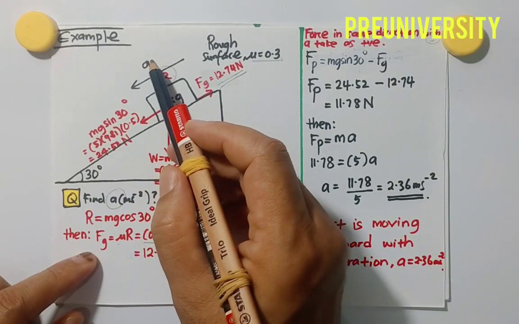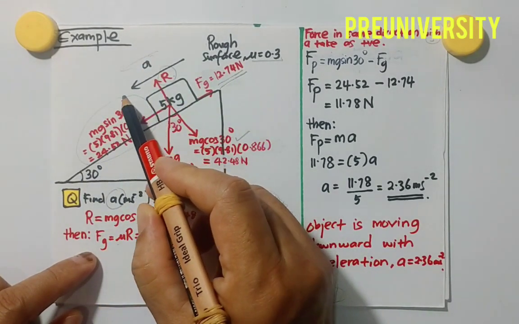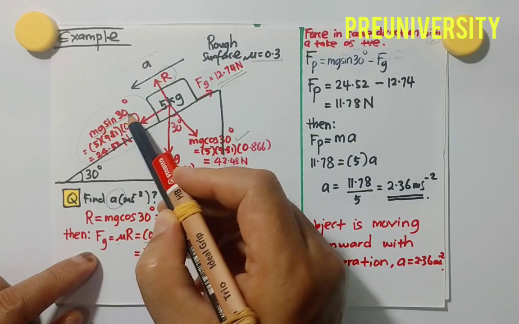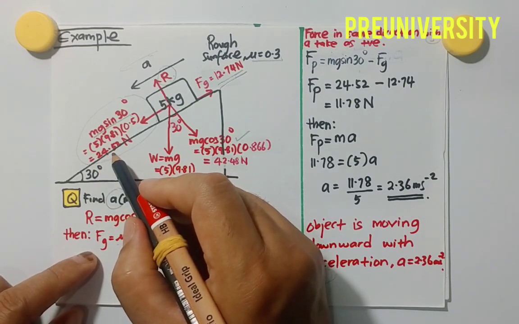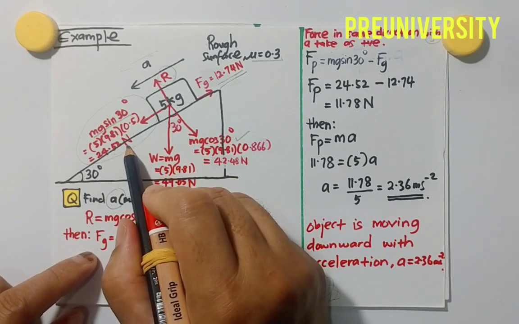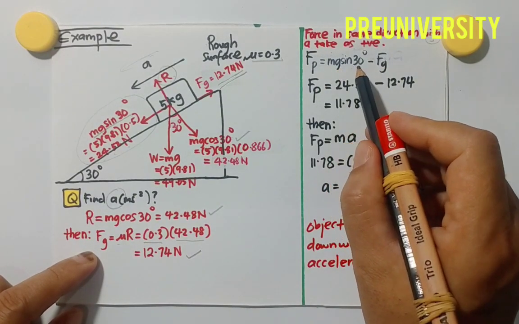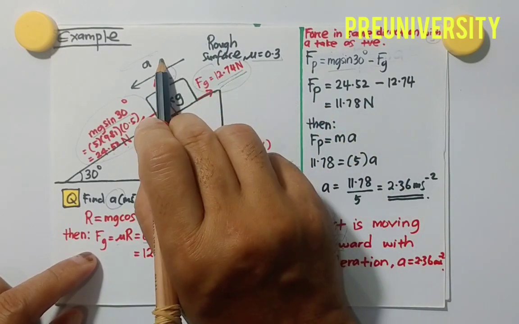In this case the direction of the a is here, so the force in the same direction as the a is the mg sin 30 degrees, which gives 24.52 Newton. So mg sin 30 degrees is positive, minus the Fg, negative, opposite direction of the a.